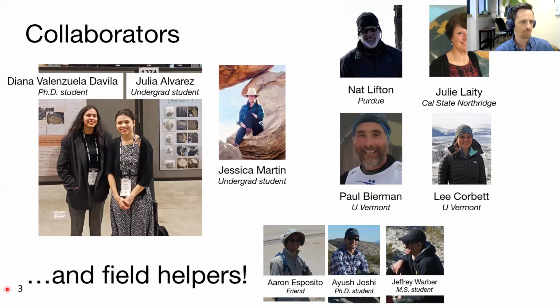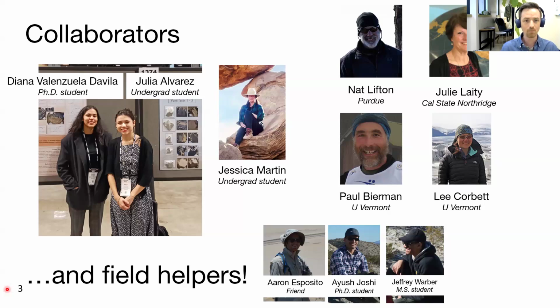The majority of the data sets that you'll see today, Diana has produced. She's been hard at work in our lab as well as the lab out in Vermont, producing luminescence results and cosmogenic results. So this is really her talk. And then we have collaborators at other institutes.